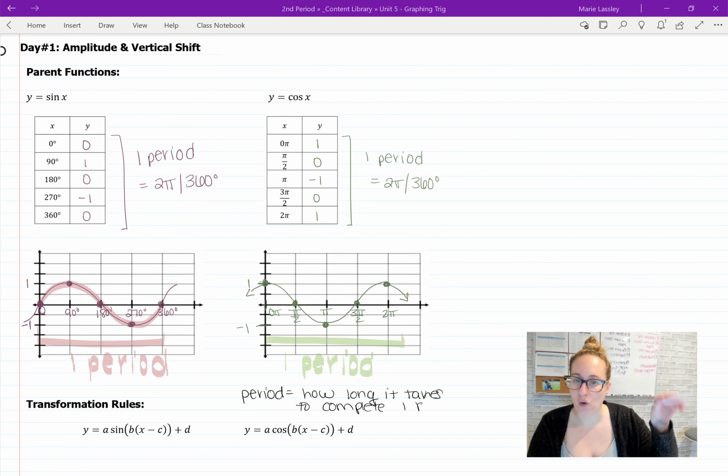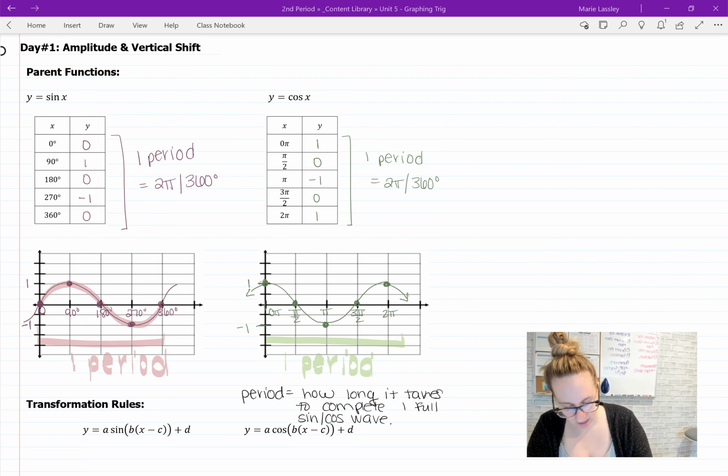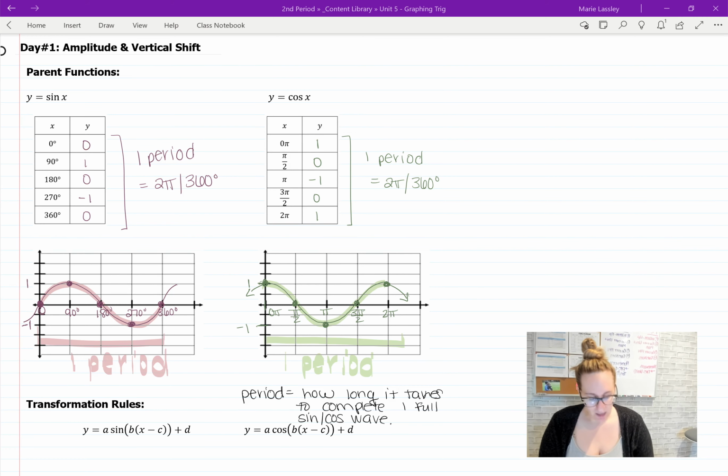So like one full wave. So with sine, we have that S shape. Cosine, we have that kind of a C shape, right? Like that. Okay. And like I said, for both sine and cosine, the standard period is 2 pi or 360. Now, for all the ones we're going to do today, our period is going to stay the same. It's going to be that 2 pi or 360. We'll start changing that tomorrow, but for now, we're going to have that nice standard 2 pi.